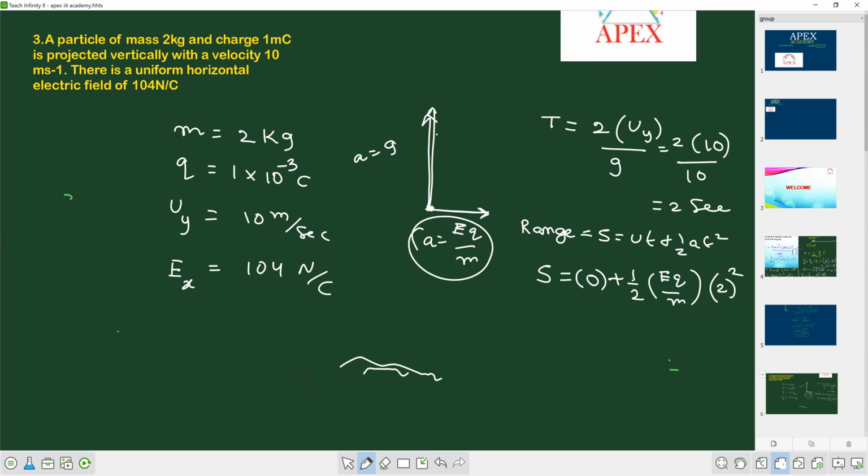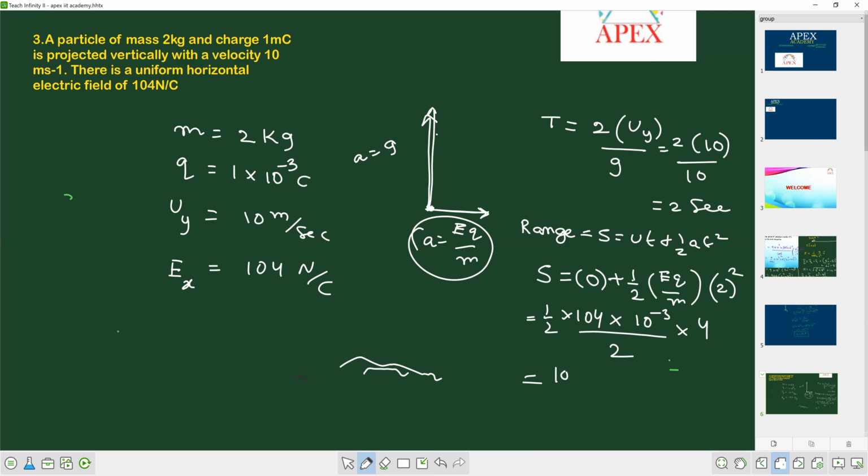By substituting the values here, half into electric field, which is given as 10 power 4, into the charge Q, which is 10 power minus 3, by the mass, which is 2 kg. Of course, all are in SI units. 2 square will be 4. So finally 2 into 2, 4 and 4 get cancelled.